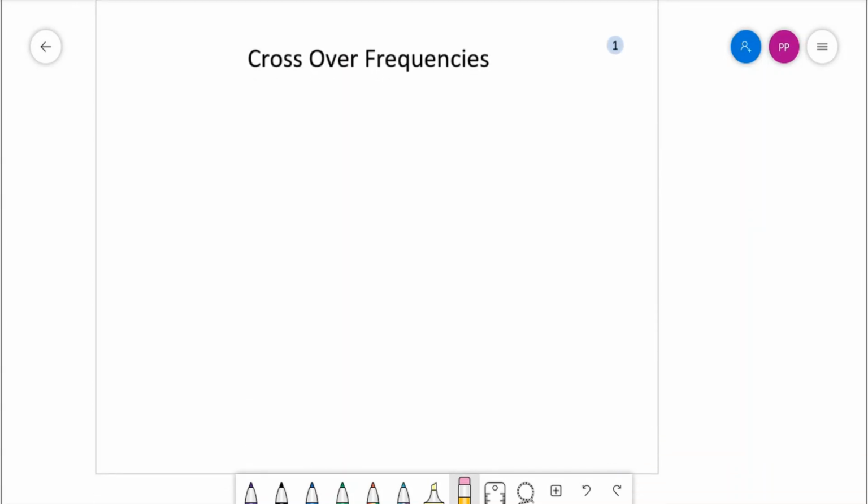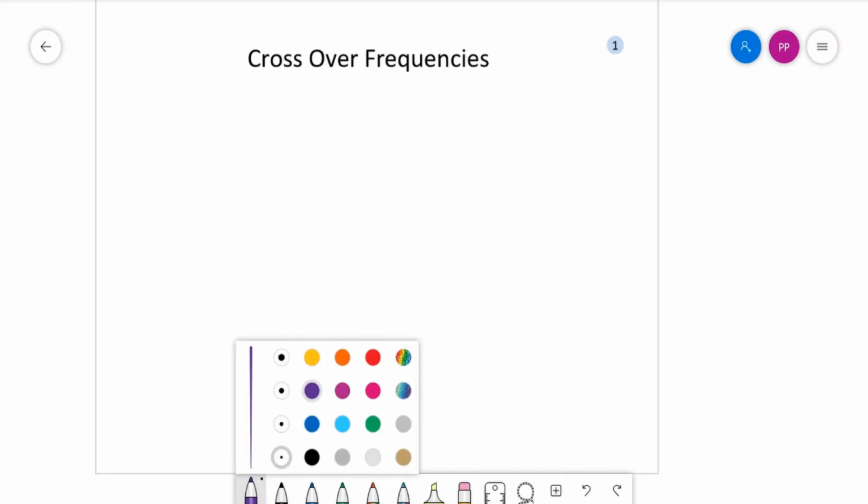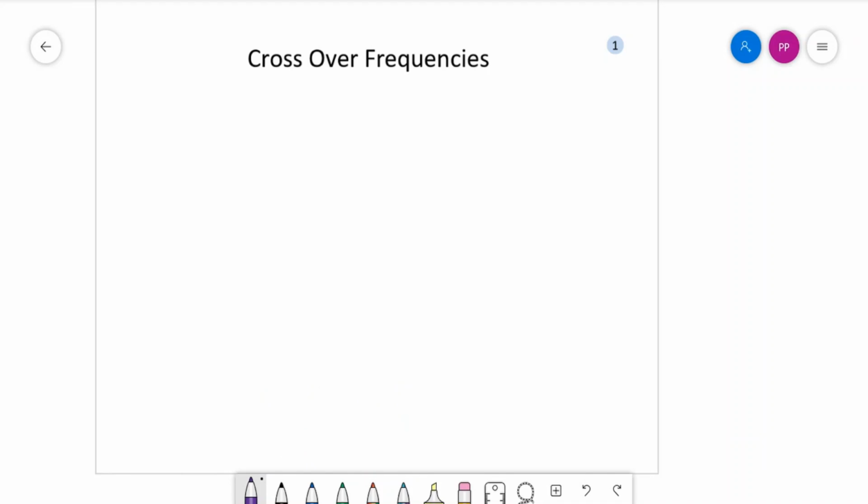So as we have studied earlier, let us again take a plot of G(s) equal to 1 by s (tau 1 s plus 1) into (tau 2 s plus 1).